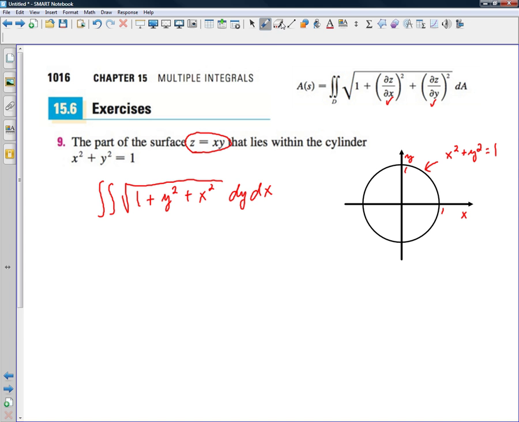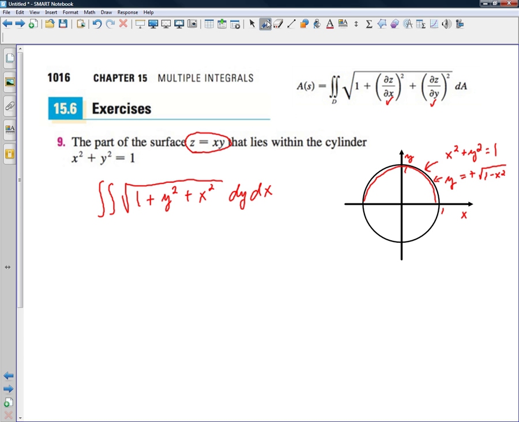So when we think about this, doesn't that imply that this upper portion of the circle, where the y's are positive, wouldn't we say the y's are equal to the positive square root of 1 minus x squared?